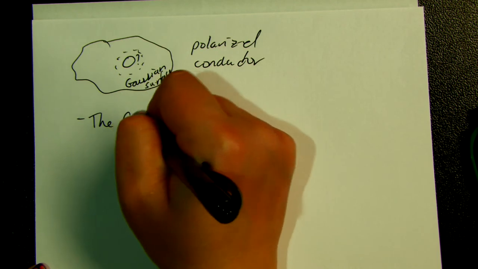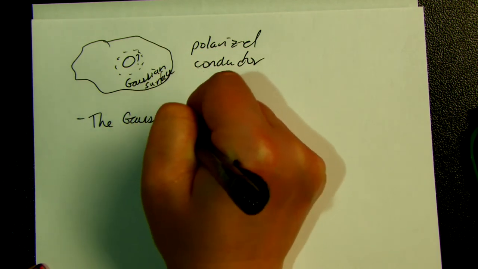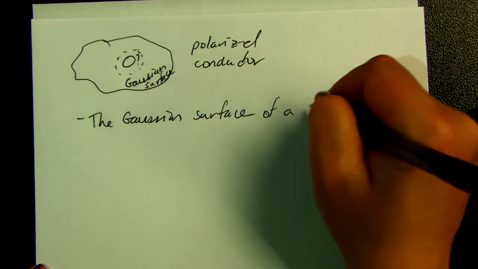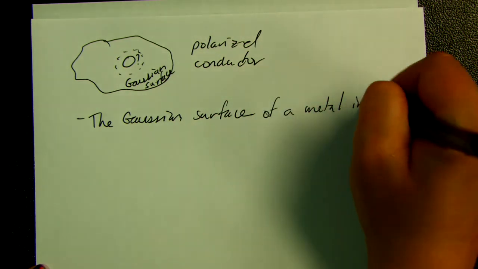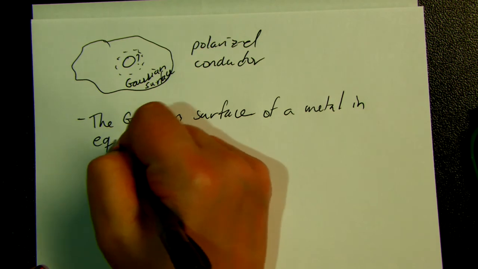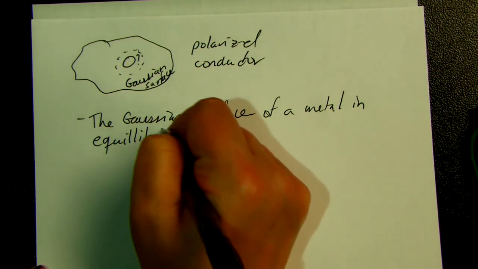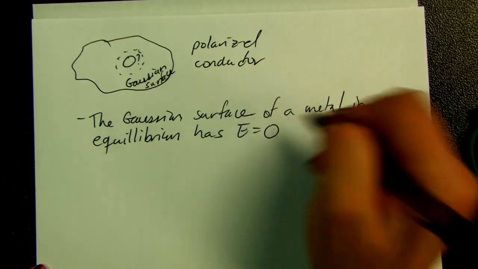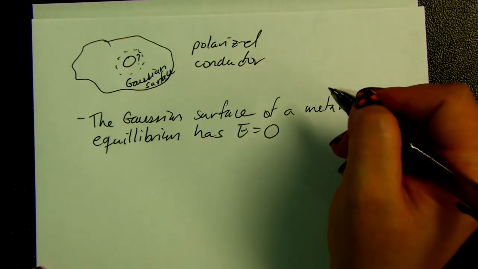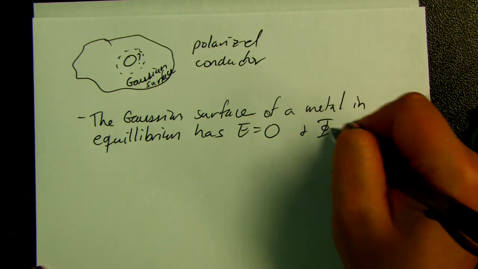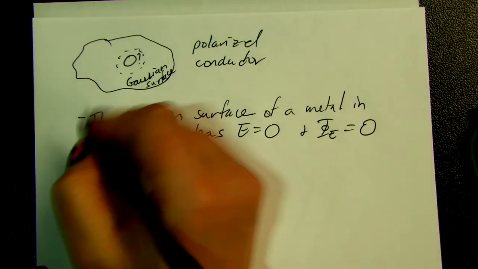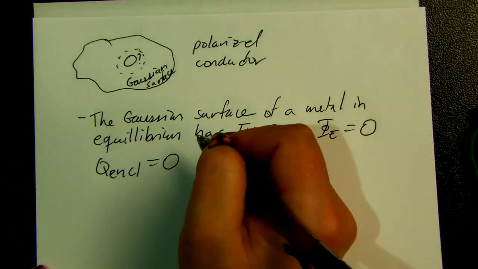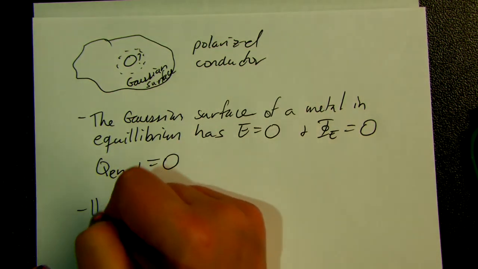The Gaussian surface of a metal in equilibrium has an electric field of 0 inside, and it has electric flux of 0 and Q enclosed of 0. But what about the hole?